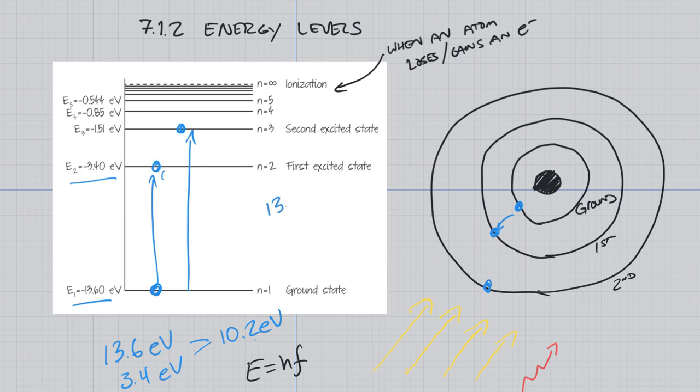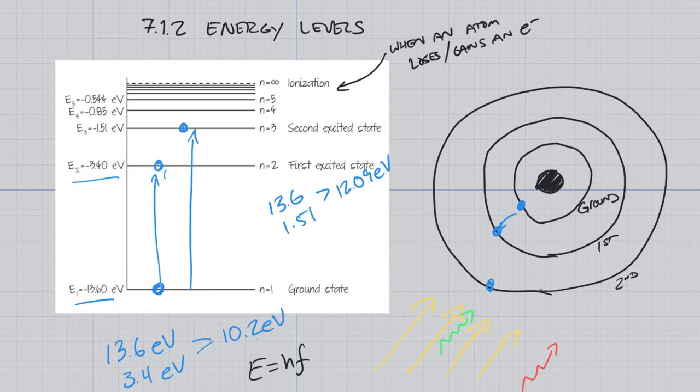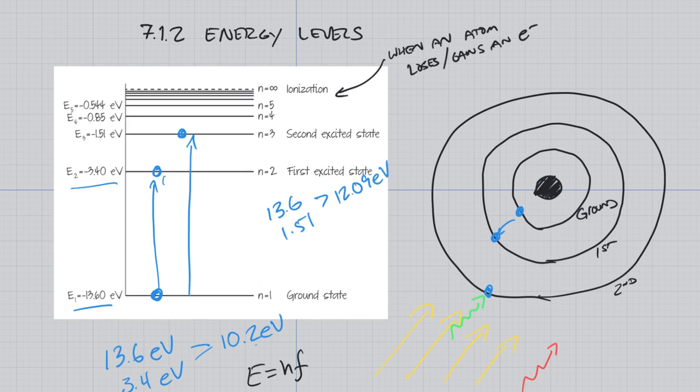So that would be 13.6 to 1.51. That means it just gained 12.09 electron volts of energy. So that might be something like a green light, where a very discrete frequency actually comes in and has the right amount of energy to cause it to jump.